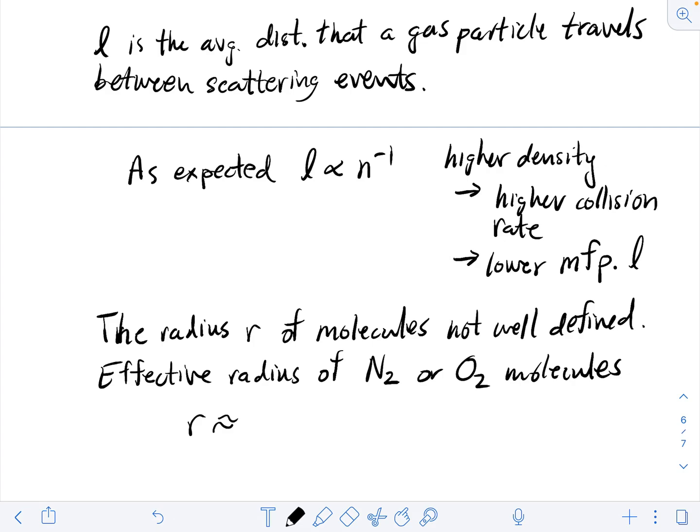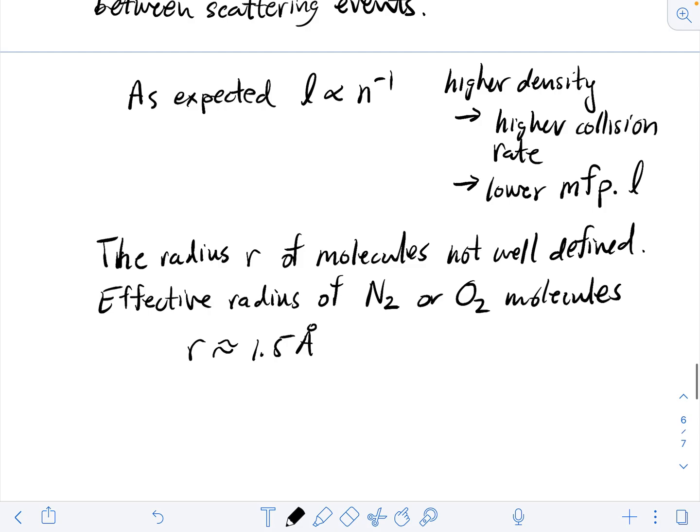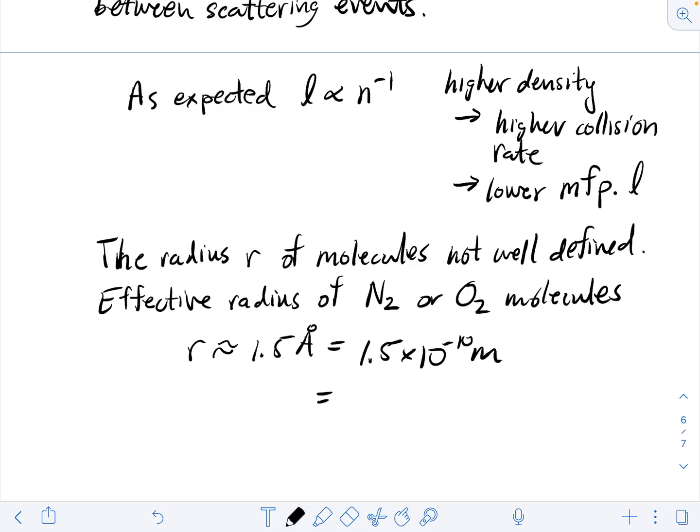And it's on the order of 1.5 angstroms. An angstrom is 10 to the minus 10 meters, which is equivalent to 0.15 times 10 to the minus 9 meters, or 0.15 nanometers.